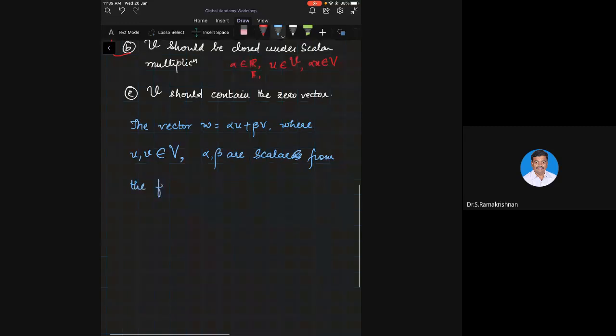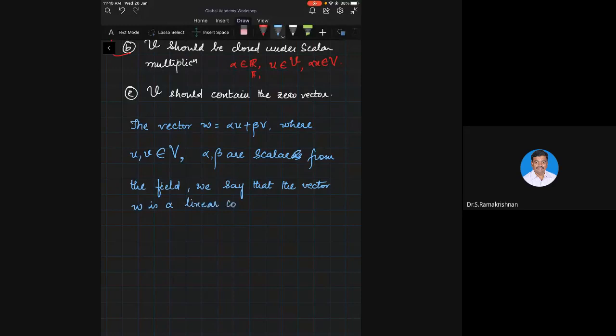We say that the vector w is a linear combination of the vectors u and v. Is this okay? Is everybody getting this?